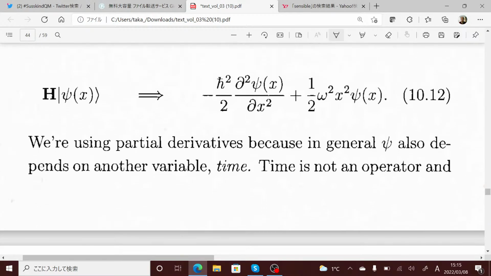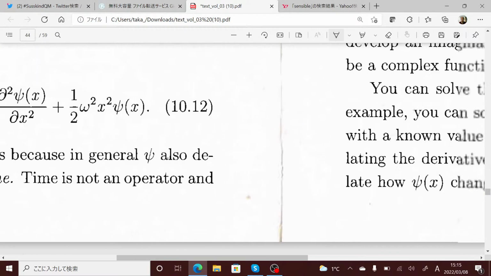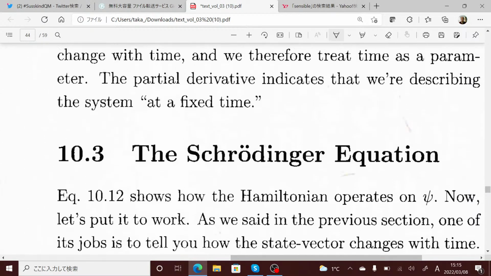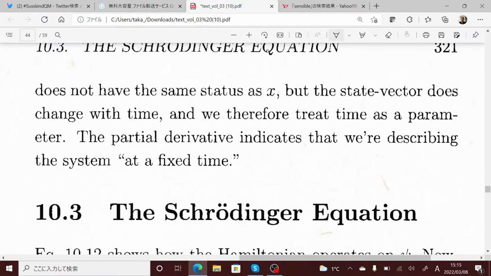We are using partial derivatives because in general psi also depends on another variable, time. Time is not an operator, and does not have the same status as x.